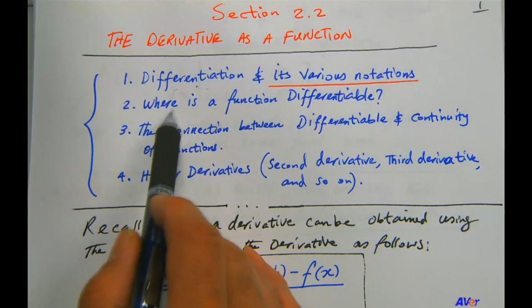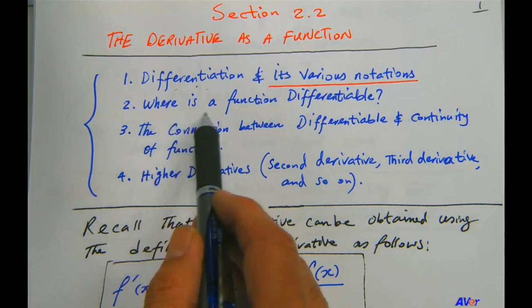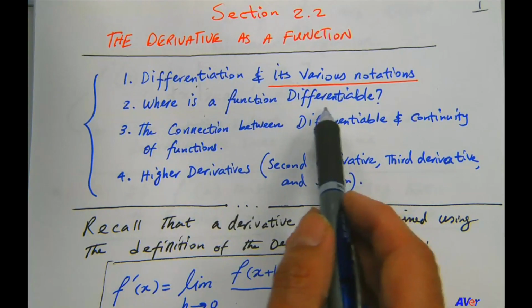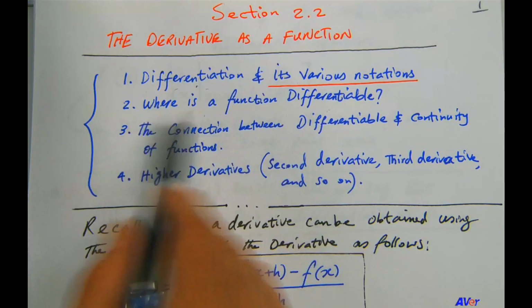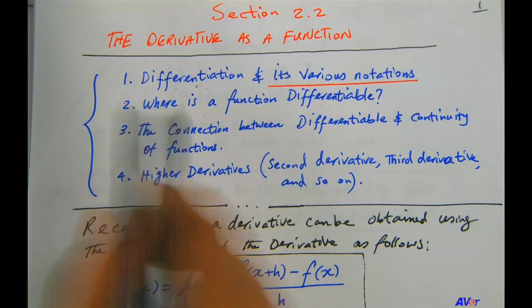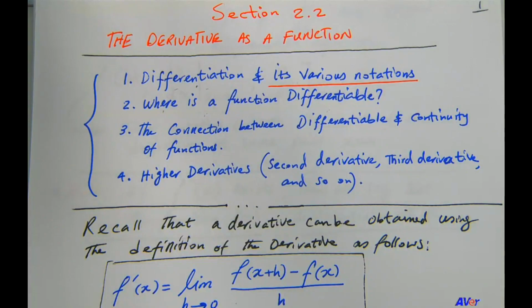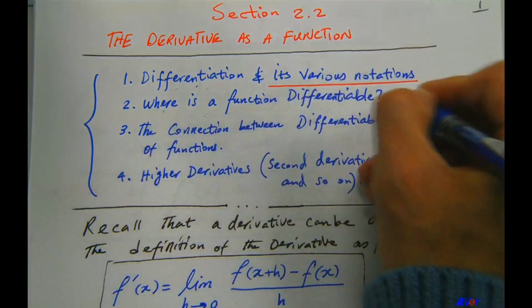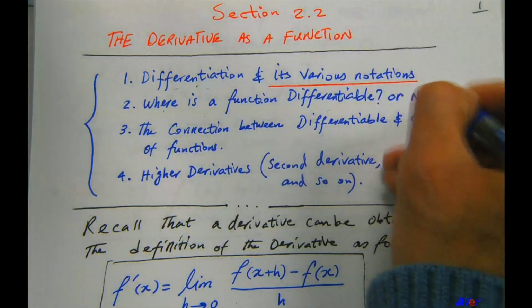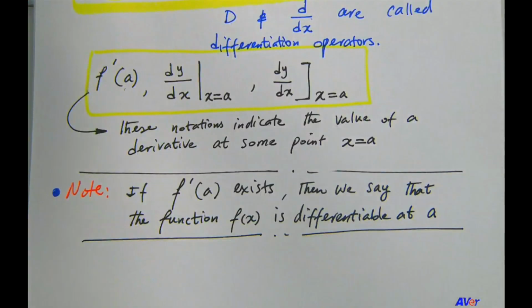Now we want to see what we mean when we say a function is differentiable at some point, or it's not differentiable at some point, because this begs the question, where is a function differentiable or not? Okay, as a matter of fact, let me add that. Where is a function differentiable or not? Okay, so we'll use an example to explain that.